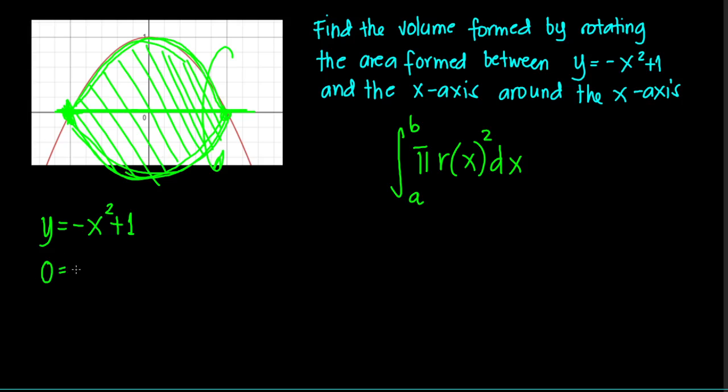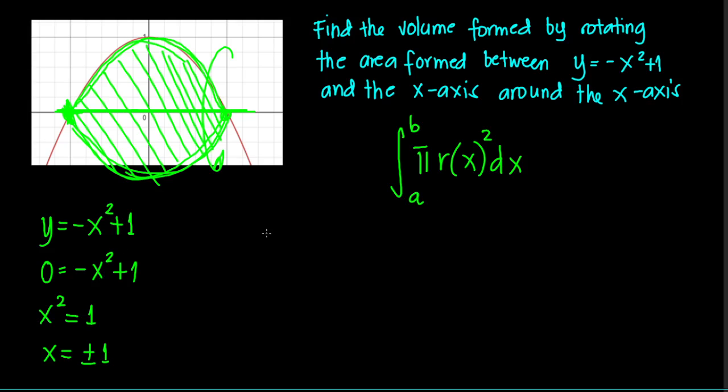So, 0 is equal to negative x squared plus 1. And then, we transfer negative x squared to the other side, so it becomes positive. So, x squared equals 1. Now, x is plus and minus 1. These are the intersections of your curve. And those will be our lower and upper bounds.